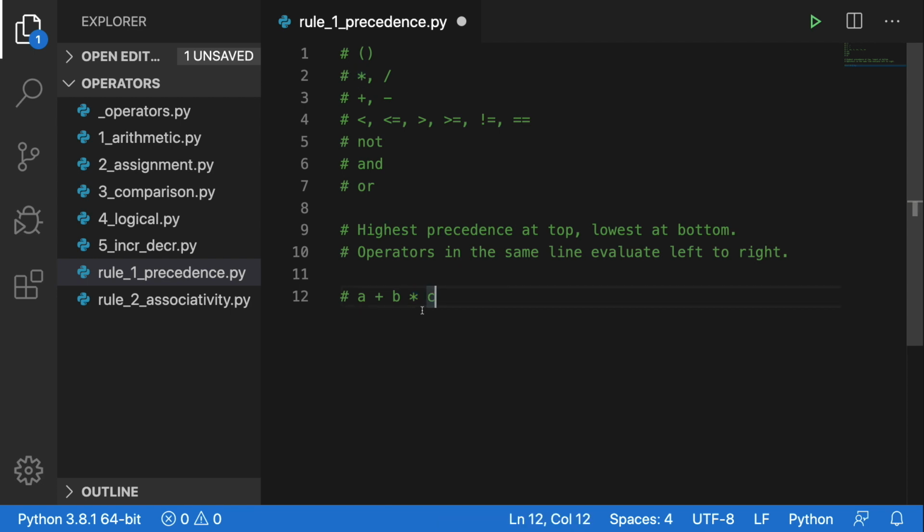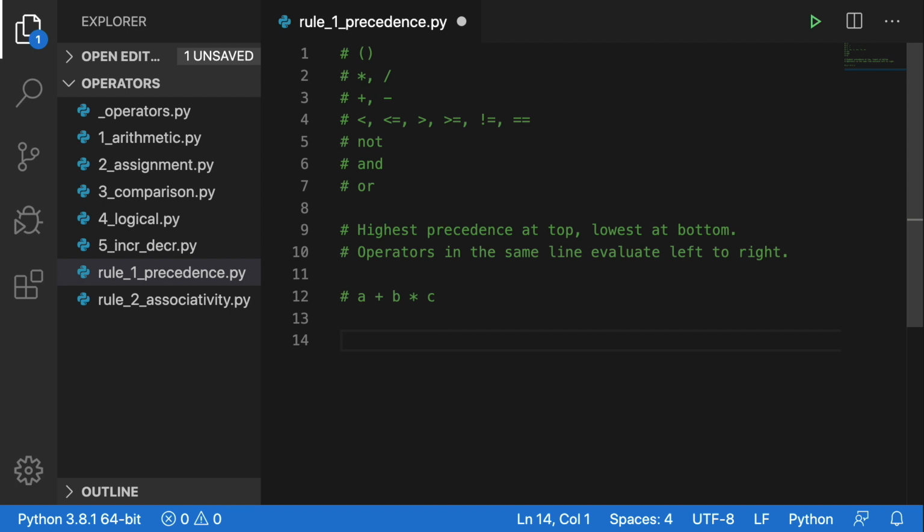The multiplication operator has higher precedence than the addition operator. Here is the multiplication operator, and this is the addition operator. It means this expression will evaluate first, and then the addition happens.